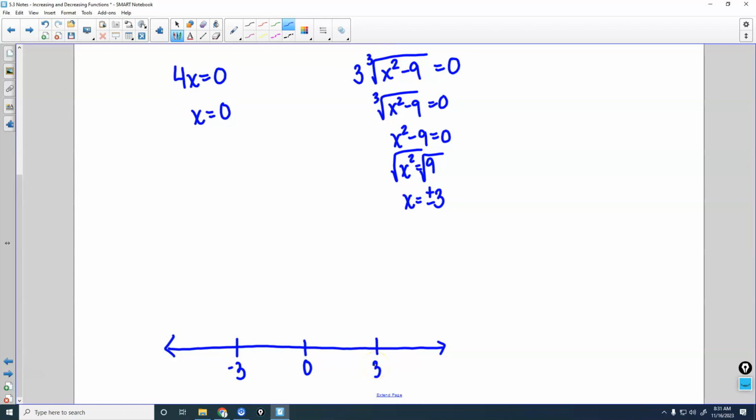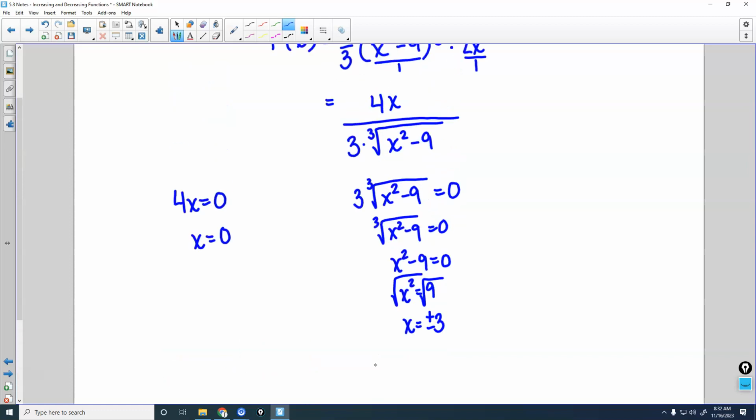Now, we did this some when we were doing rational inequalities in pre-cal. What we need to know is whether or not these are positive or negative. So when we were doing that in pre-cal, we made a chart for this. So we're going to make a similar chart for this to tell if this is positive or negative, because if we break it up into pieces, it makes it a little bit quicker to look at.